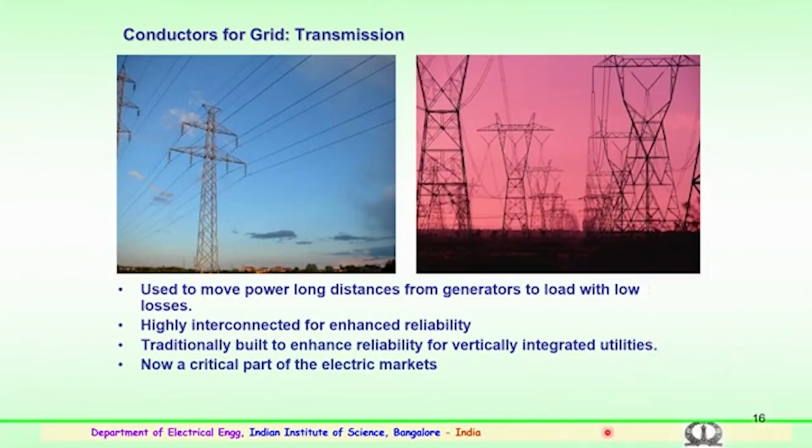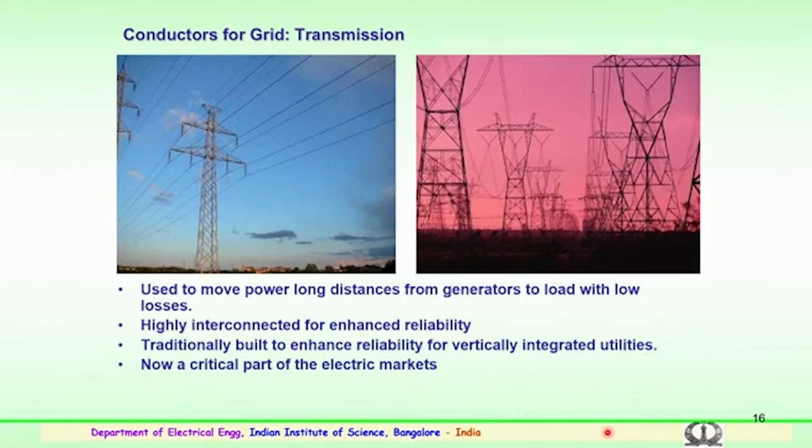So, conductors for the transmission, that is the UHV and EHV transmission, are of various types. These conductors help in transferring the power over long distances from the generating stations to the load centers. Load centers again could be domestic, industry, agriculture, or many of these things. So, we have to keep in mind the conductors have to be designed particularly for carrying more power with low losses.